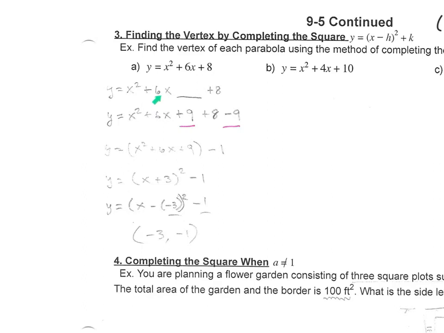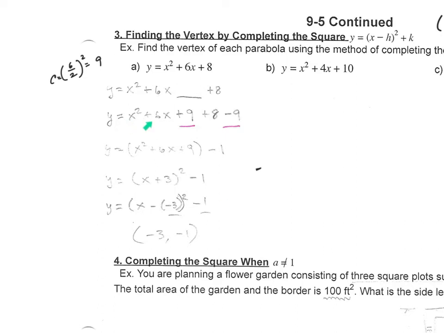So half of b would be 3. I would square that, and I would end up with a 9, right? c is going to be 6 divided by 2 squared, which is going to be 9. And then I'm going to add 9 and subtract 9, because that'll give me the value of 0.